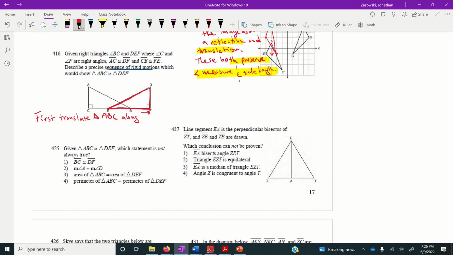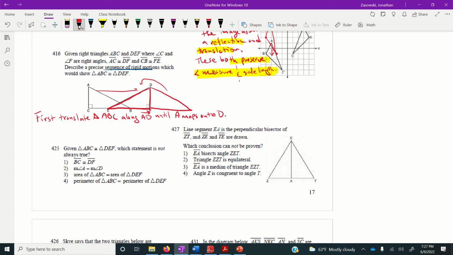So we'll say that A is going to go onto D, because this triangle is going to go over here first, and then we're going to flip it back this way. So we're going to slide from A to D, so along AD, and then we have to say when to stop, until A maps onto D.